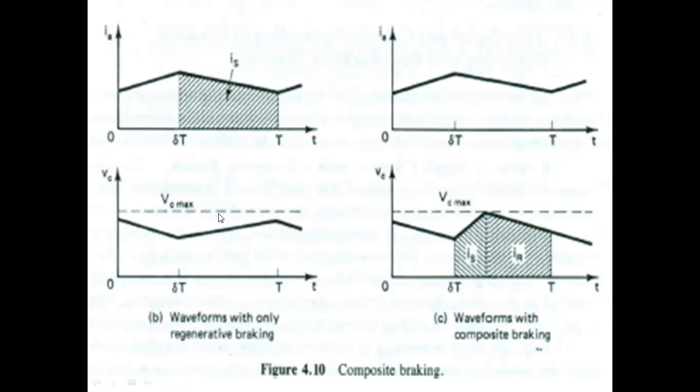If the supply network cannot accept the regenerated power which is flowing into the capacitor, suppose in the off period, the supply network cannot accept the regenerated power during the turn off period of the switch.